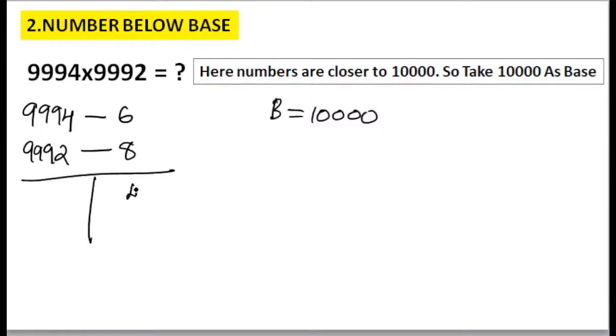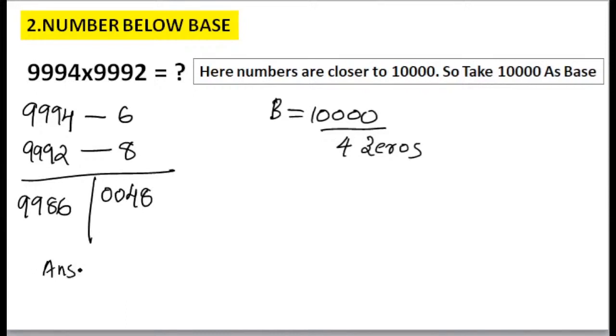So our RHS will be 48, but our base 10,000 has 4 zeros, so we need 4 digits in your RHS. So we put a 0 in front of 48. Then 9992 minus 6 is equal to 9986.